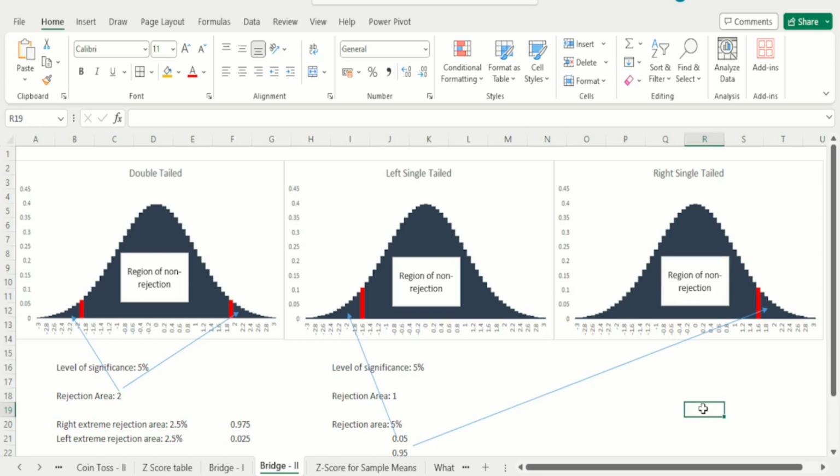So guys, this is the key concept behind the null hypothesis significance testing that we do. We start off with a sample. For that sample, we calculate the z-score. Once we calculate the z-score, we look at whether it's a double tail test or a left single tailed or a right single tailed test.